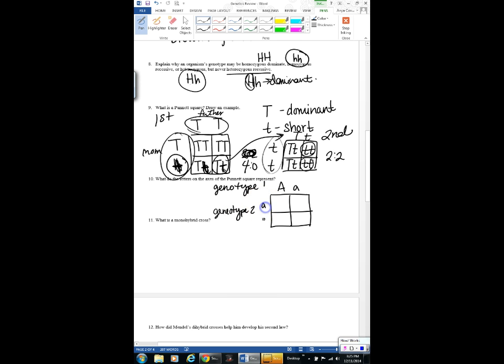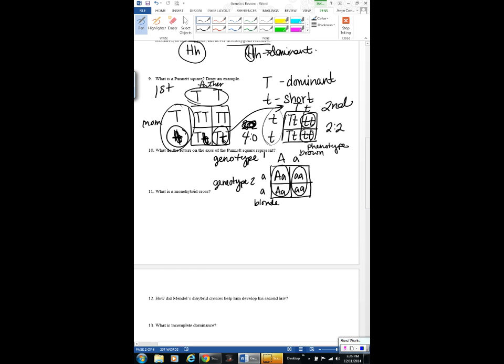So maybe it's little a. And so now we go through and make our Punnett square, and maybe this is brown hair, so this would be the phenotype. And then the phenotype over here, this is blonde. So now we have a 50% chance of getting brown hair and a 50% chance of getting blonde hair.